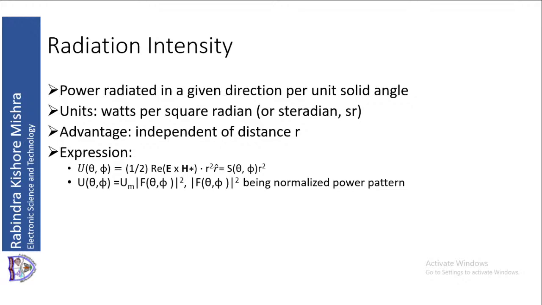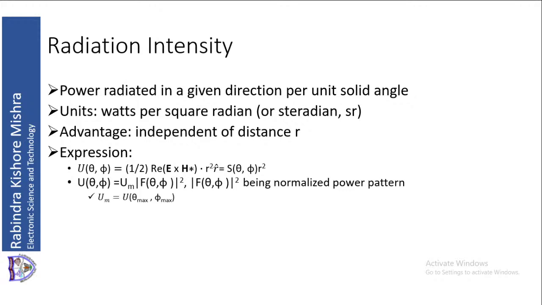That gives you the UM. So UM into F theta phi, F theta phi being the normalized field pattern. So U theta phi is equal to UM F theta phi square. F theta phi square is the normalized power pattern.